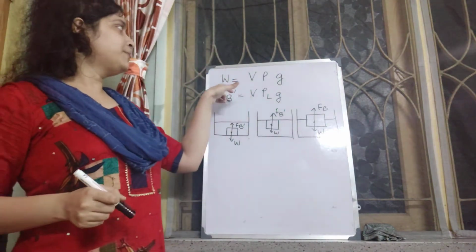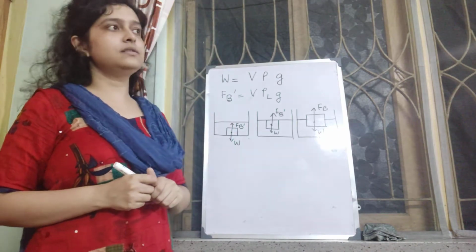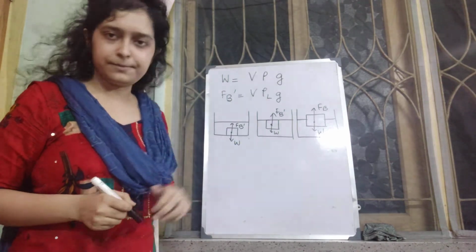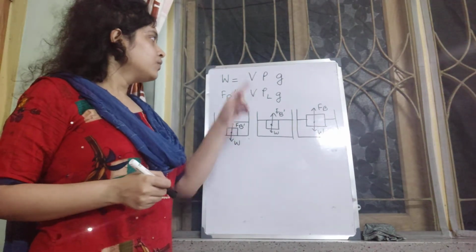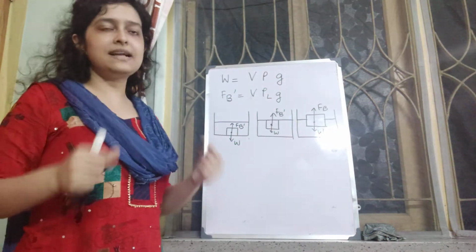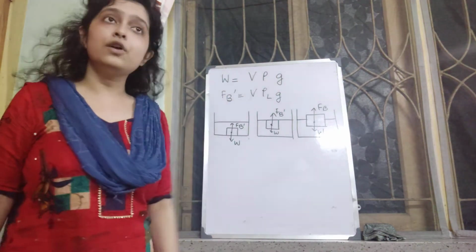Now I've immersed a solid completely inside liquid. Solid has a density rho, liquid has a density rho L. Now the weight is V into rho into g, because W is mg, and m is volume into density, so V rho g. Upthrust, what do we know?